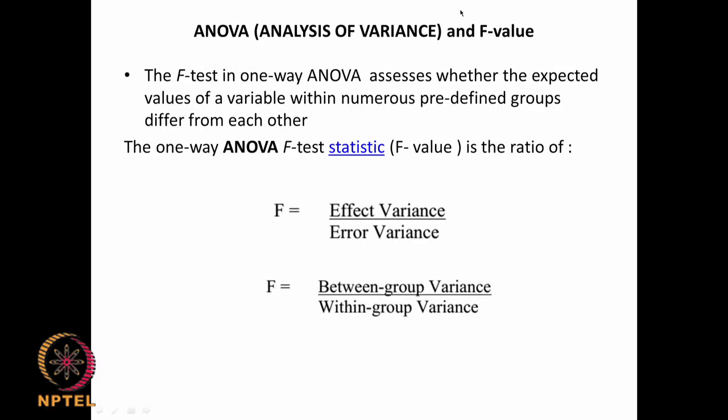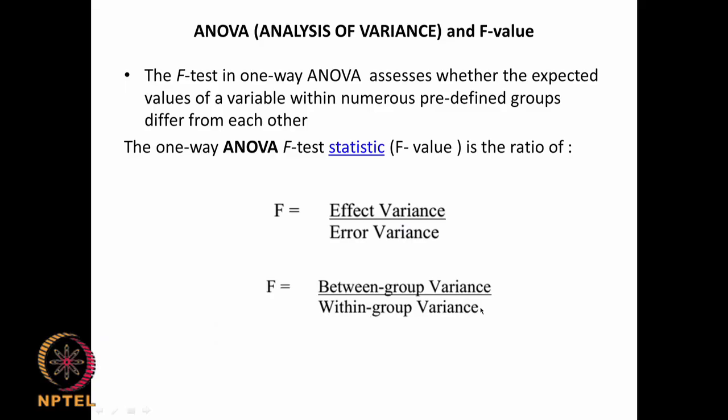So, we introduced the concept of ANOVA. ANOVA is nothing but analysis of variance. We are taking a ratio of two variances, one is between group variance and the other within group variance. Suppose I am comparing two drugs, so between group variance will be the comparison of variances between drugs. Within group variance is nothing but error.